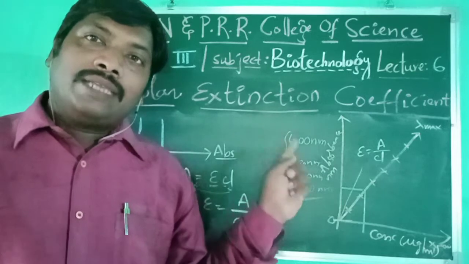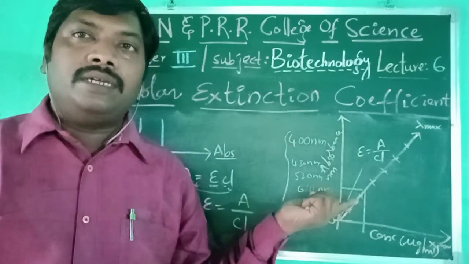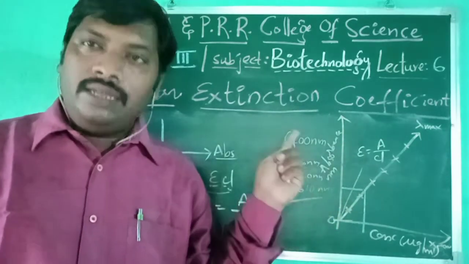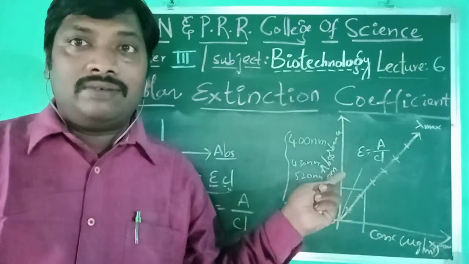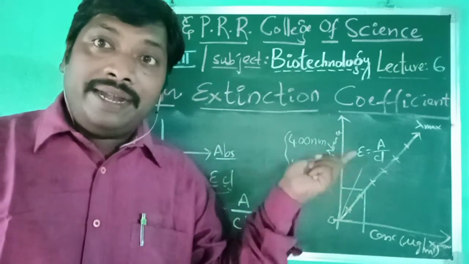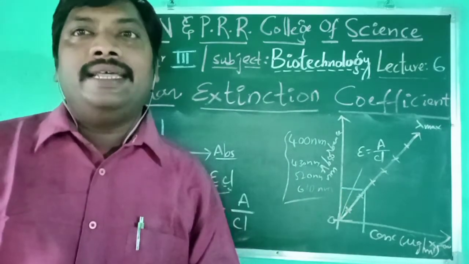In this, a linear plot may not be produced with these values. Here a deviation may occur. This deviation is called Beer's deviation, which we learned in the last class. Here some values may decrease, some values may increase according to their color intensity.